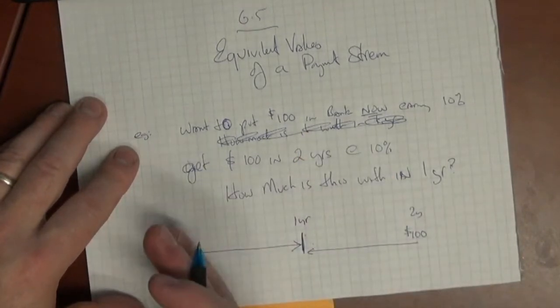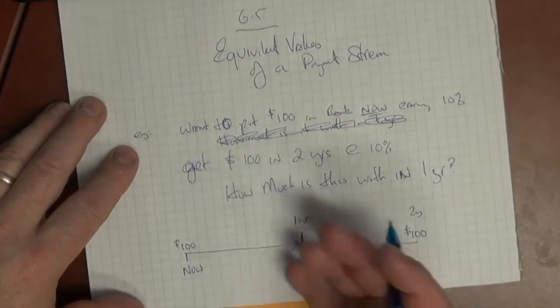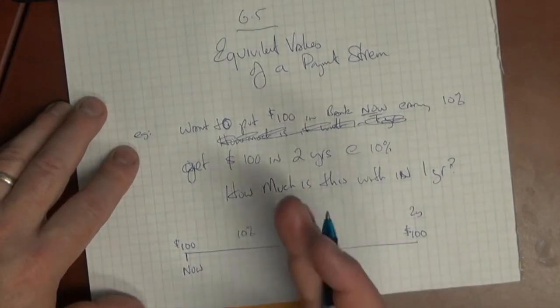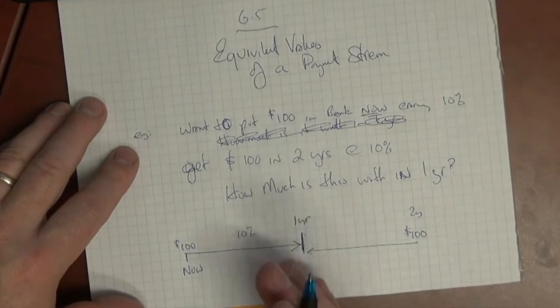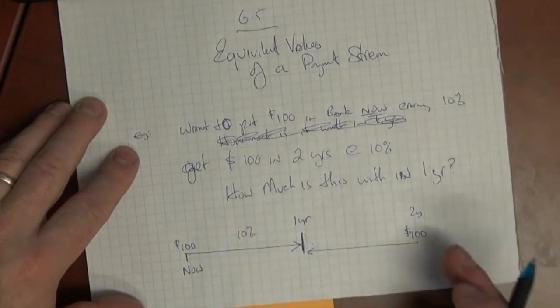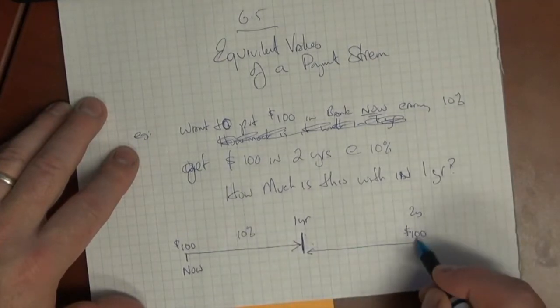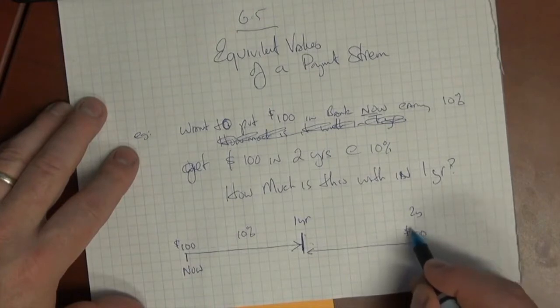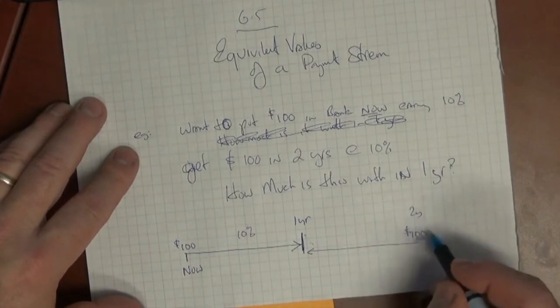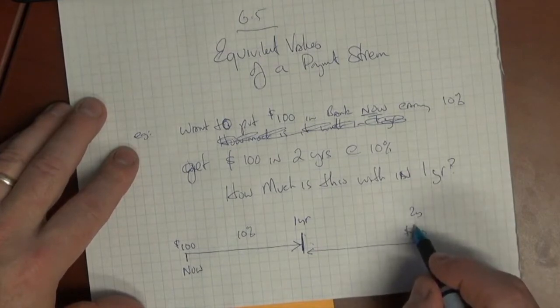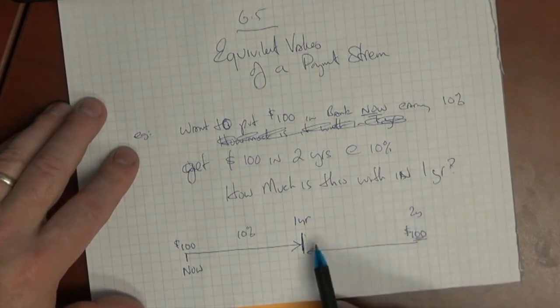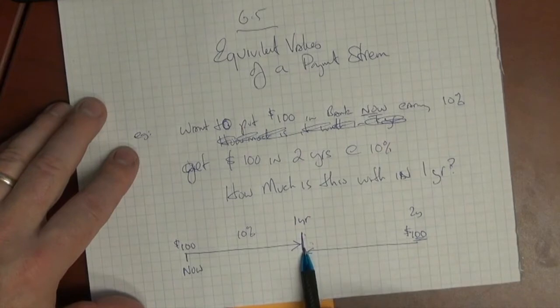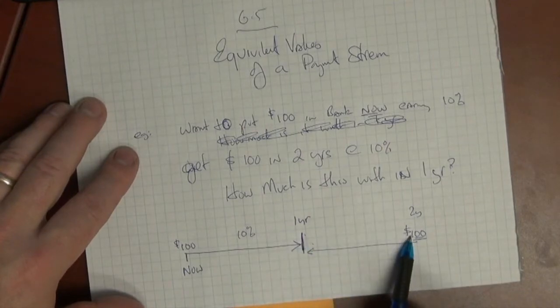We put $100 in the bank now. How much is it worth next year if it's earning 10%? But let's assume I promise you $100 in 2 years, and you say, okay, I'm wondering if I could get it a little earlier, or someone will buy this promise off me. How much would that be worth? How much would they have to pay me for that right to get the $100 in 2 years' time?